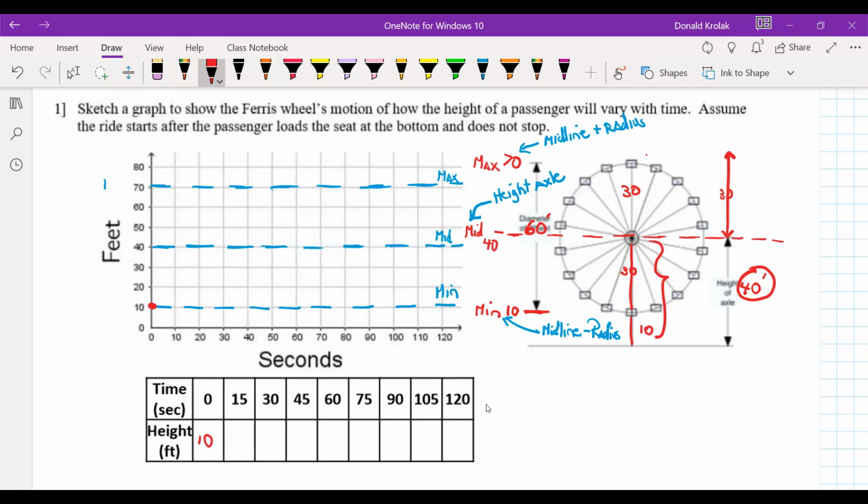And to get these numbers, I just took 60 seconds and divided it by 4. That's what you're going to count by, 15 seconds. So each one of these just increases by 15 seconds.